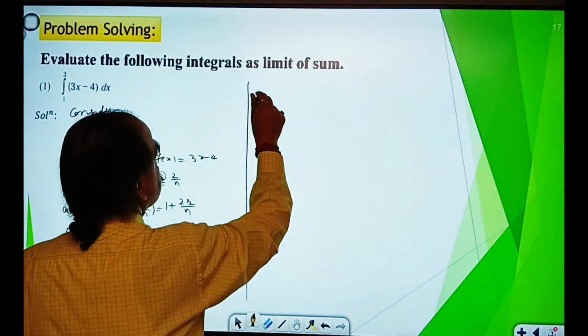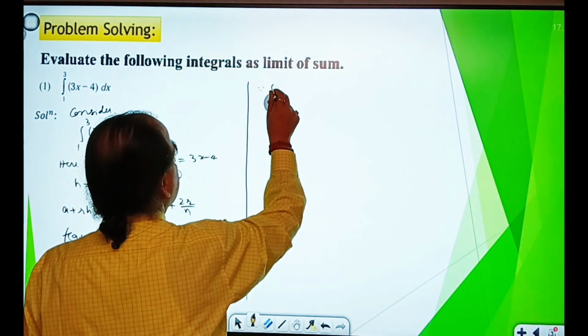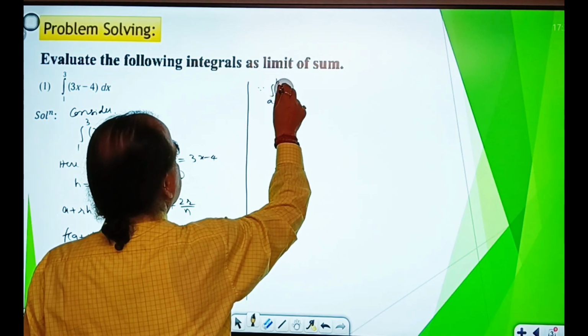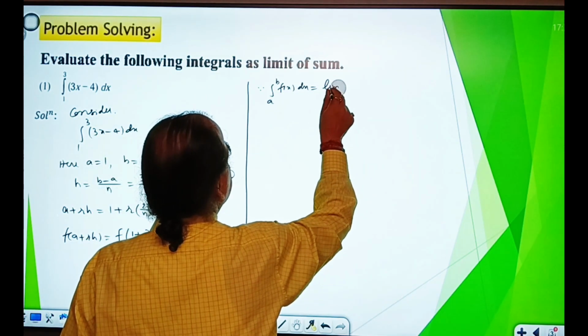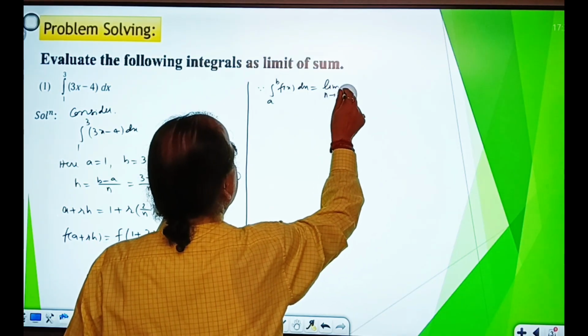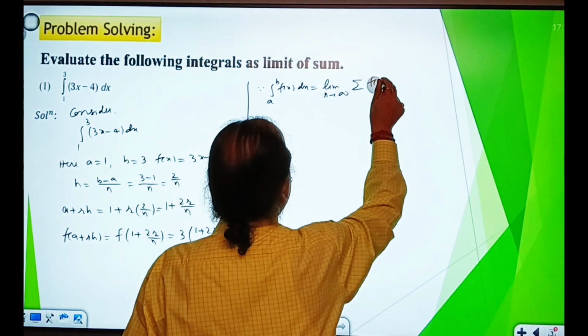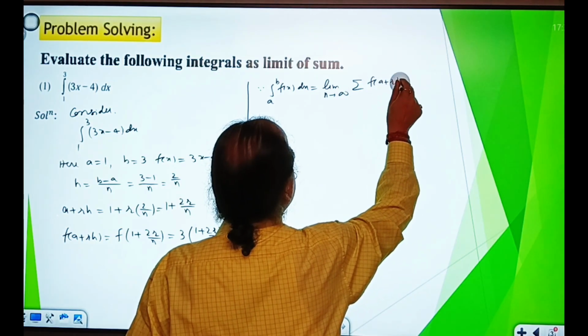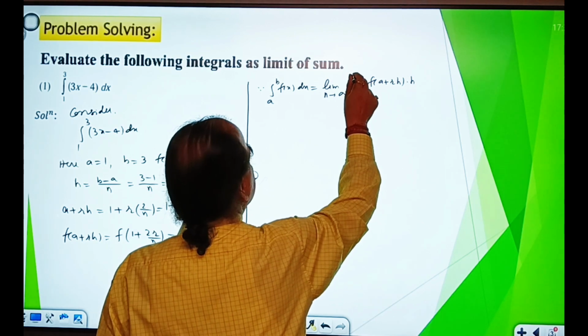Since integral a to b f(x) dx is equal to limit n tends to infinity, sigma f of (a plus rh) into h, where r takes value from 1 to n.